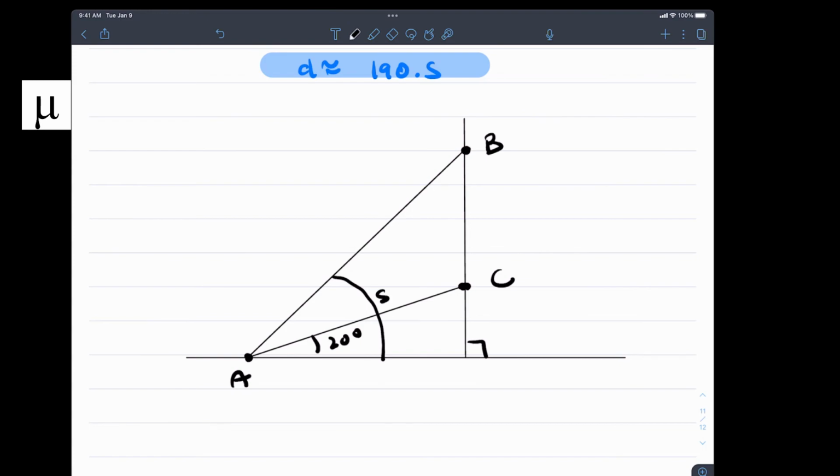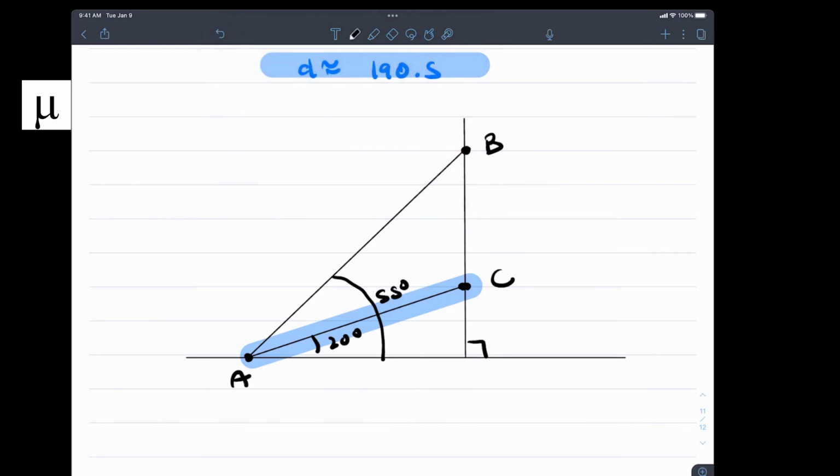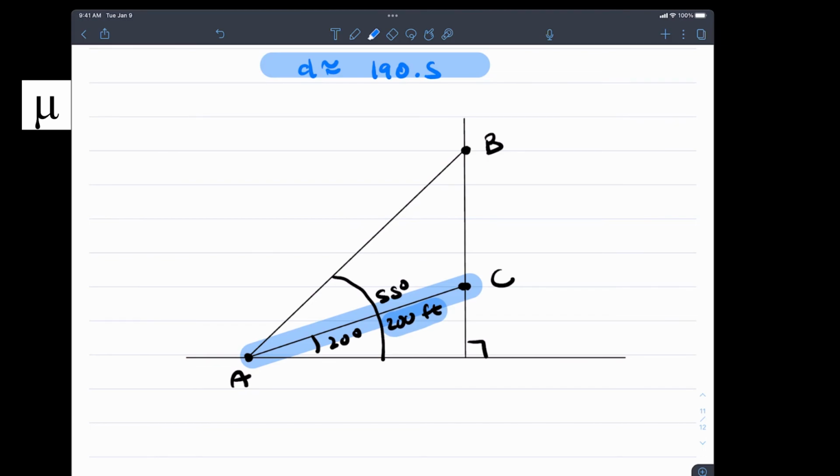This whole thing is 55 degrees. This length down here, ladies and gentlemen, we're going to say the following. It's 200 feet. Okay? In blue.